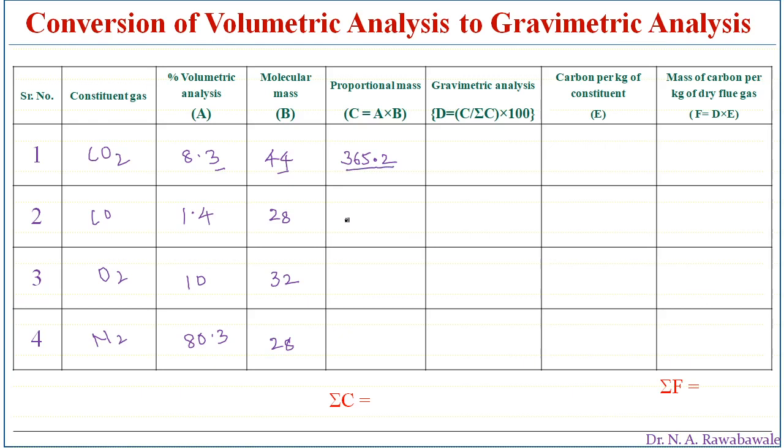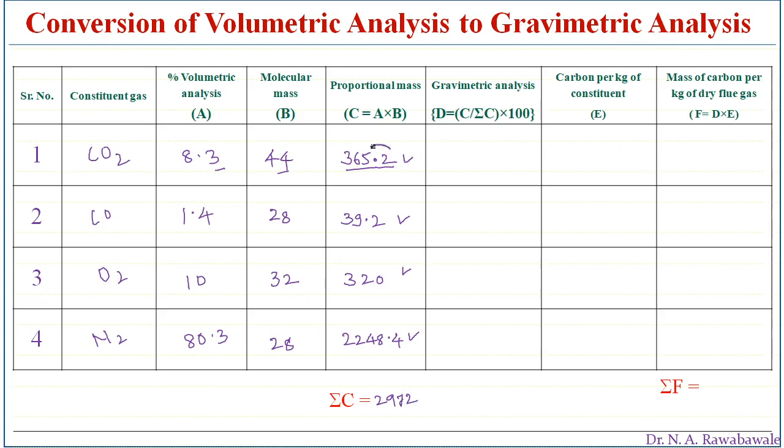Similarly, we multiply for carbon monoxide, 39.2, for oxygen 320, and for nitrogen 2248.4. The summation of column C, adding all four, will be 2972. So D is equal to C divided by the summation of C.